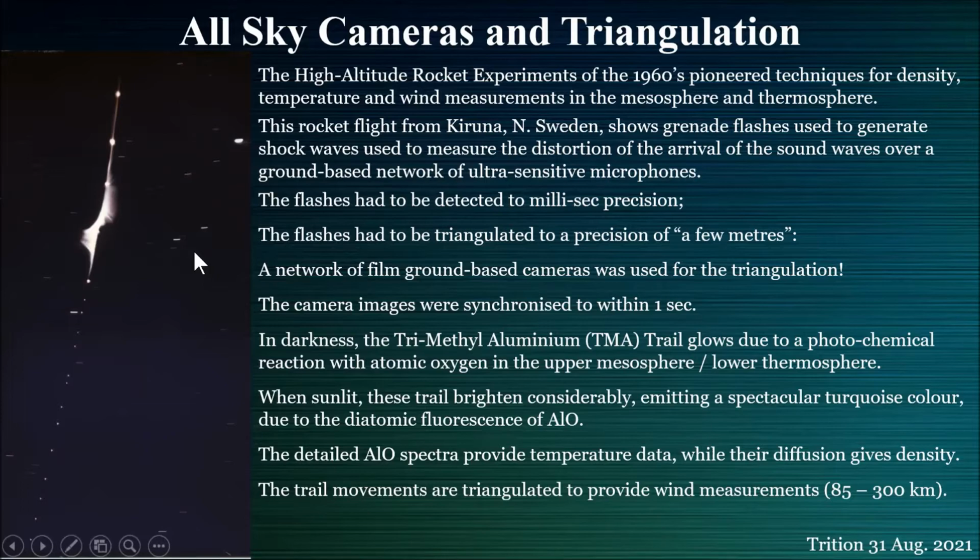From that, we can measure atmospheric temperatures and density from the diffusion of the clouds. So we get a wealth of information, wind velocities, temperatures, and densities of the upper atmosphere, from observing these trails and the clouds that come from these grenade explosions.